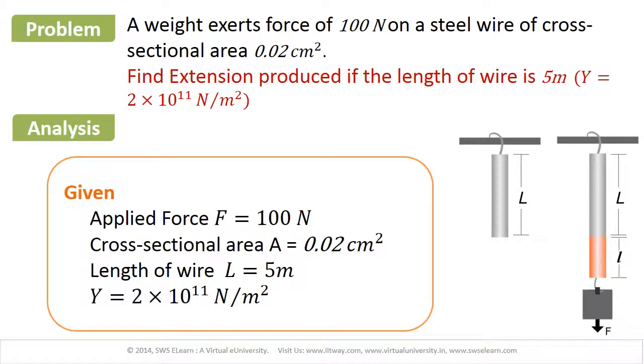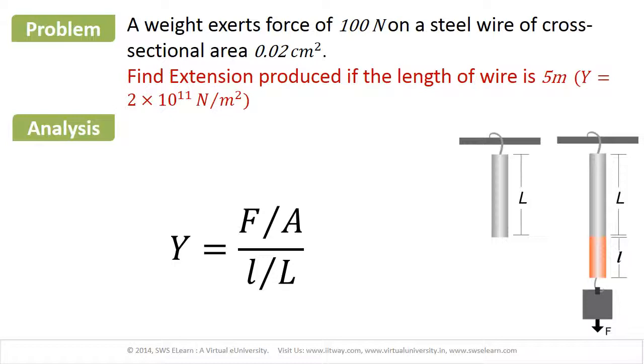The four values given in the problem are applied force F equal to 100 Newton, cross-sectional area of the wire A equal to 0.02 centimeter square, length of the wire L equal to 5 meter, and Young's modulus Y equal to 2 into 10 raised to 11 Newton per meter square.